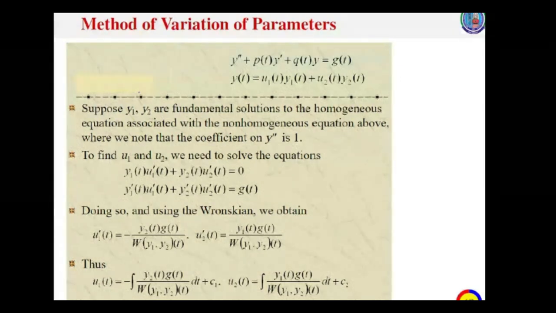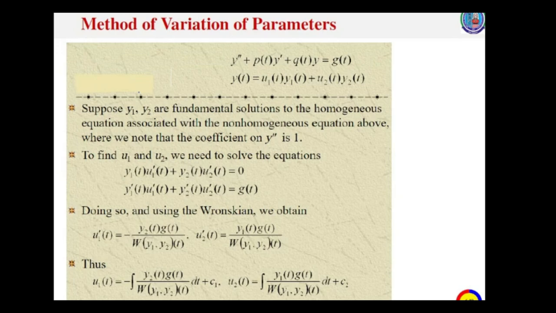Notice we have taken the coefficient of y double dash as 1. This is our standard form. We can write any second order equation in this form. So if you have a second order equation, we can find the solution by the method of variation of parameters.